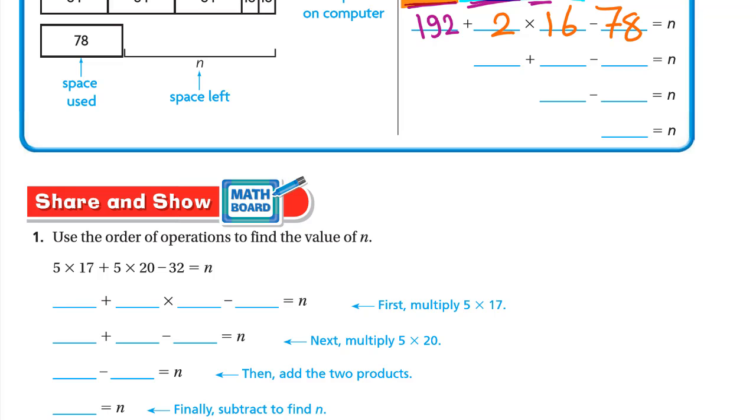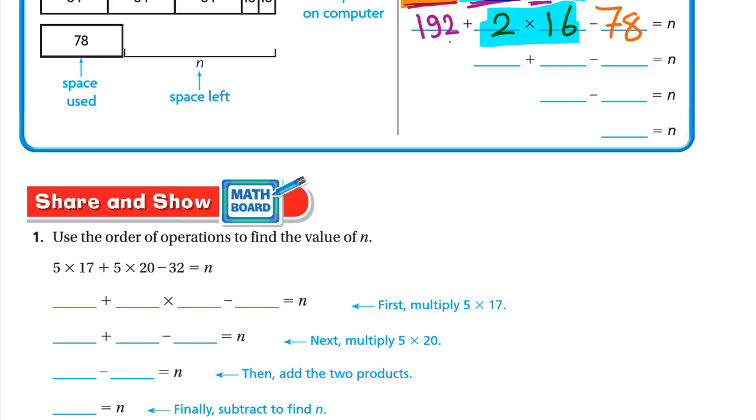We still have multiplication here, 2 times 16. So we can't add or subtract until we finish this multiplication. So 2 times 16, I'll do it first, but anything else I should write in its place.